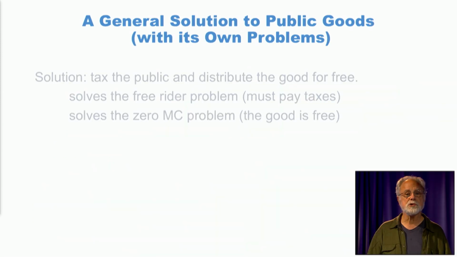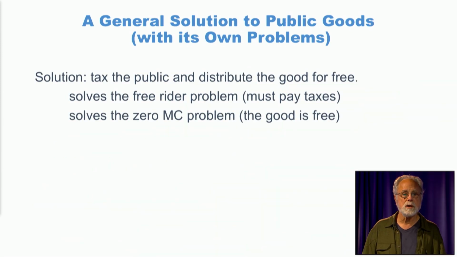The general solution, which economists tend to support, is the idea of public provision financed by taxes. The tax solves the free rider problem. So it's true that you can't charge people per use because they get to use it anyway, so just make them pay a tax. If you make them pay a tax, you've financed it. Meanwhile, if you distribute it for free, you're solving the zero marginal cost or non-rivalry problem because you're giving it away for free, and therefore anybody who gets any benefit at all from it can use it.